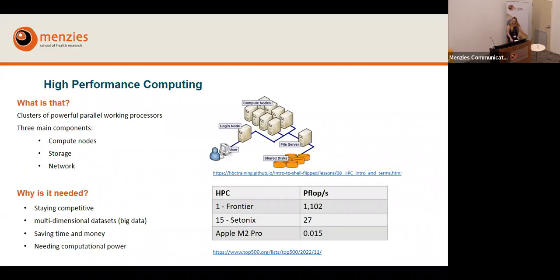So why do we need high performance computing? So for Menzies and for CDU, this helps us to stay competitive, to be able to do this sort of data analysis. Talking about data analysis, the main point is that we are working, and even more now, with multidimensional data sets, what we call big data. One little example here, our PhD student, Anto, has recently analyzed around 250 vivax isolates, and he started with 0.7 terabytes of data.